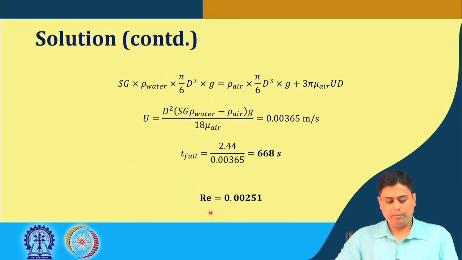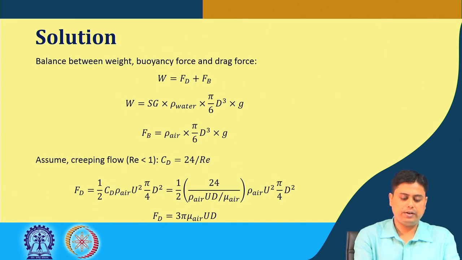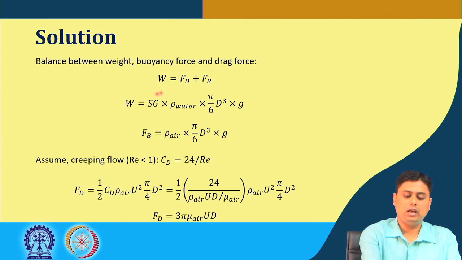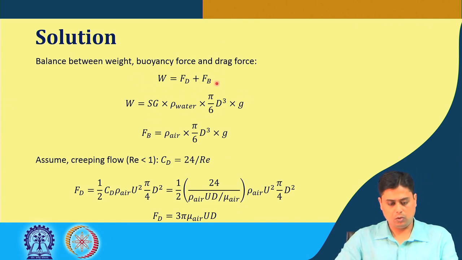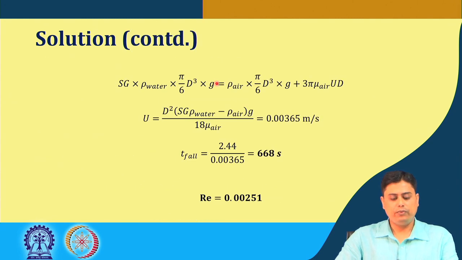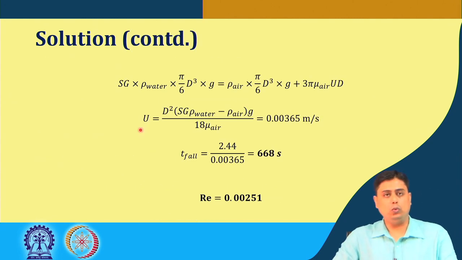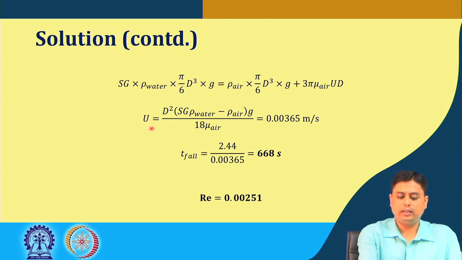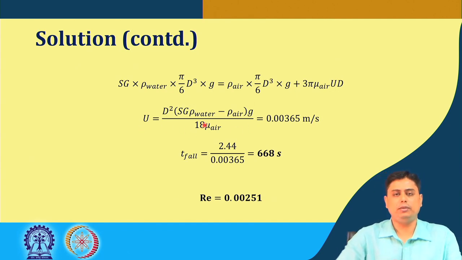Okay. So, now if we replace these expressions, that is the drag force expression, buoyancy force expression and the weight in this overall balance, we find an expression of u, which is nothing but the expression of a terminal velocity.